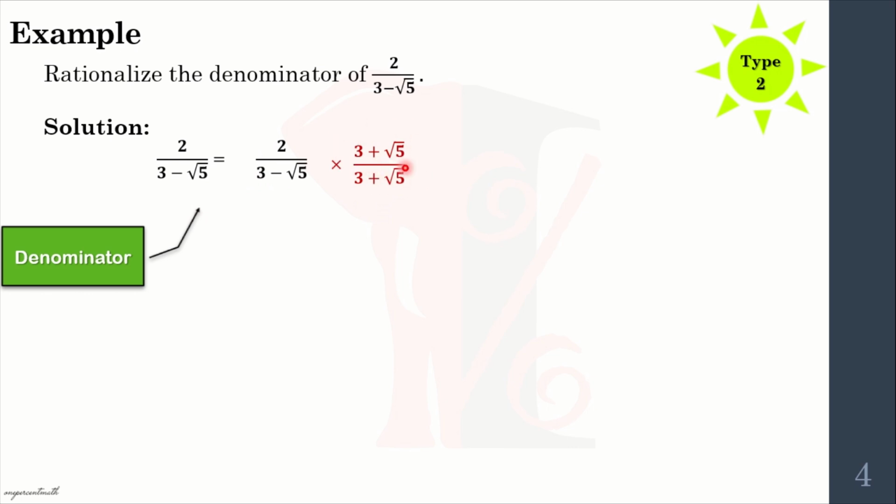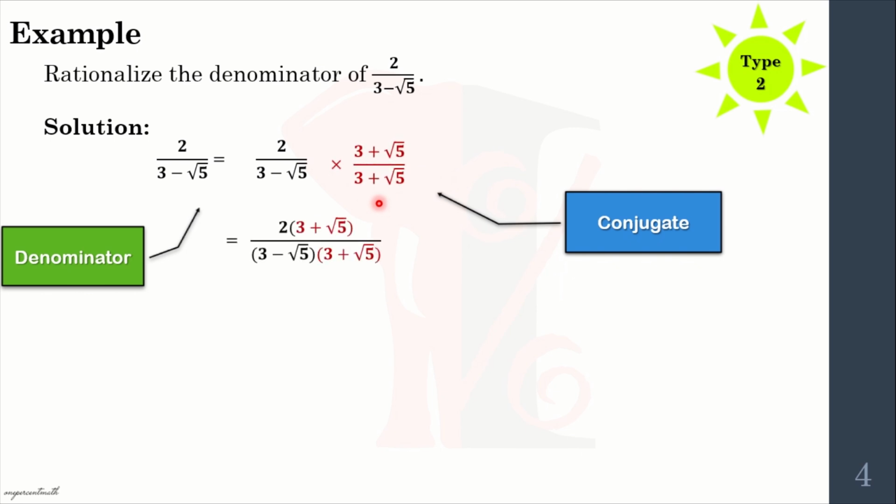What I am multiplying to the numerator, I will multiply the same thing to the denominator. This will keep the equality of this particular irrational number. This 3 plus root 5 is called the conjugate, or we can also call it a rationalizing factor.